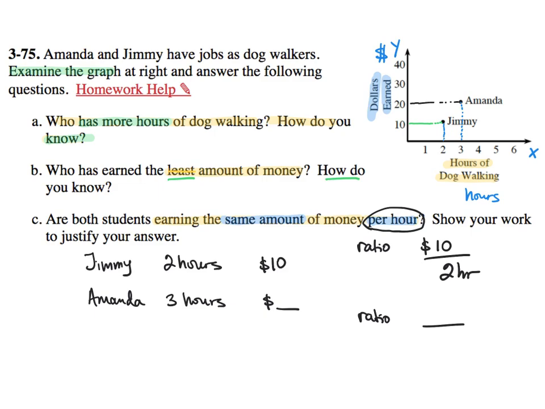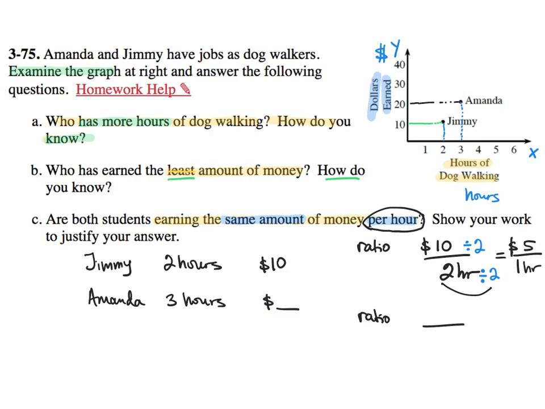One way to simplify, remember: if we have 2 hours and want to go to 1 hour, we divide by 2, top and bottom. Or your teacher might have said we are dividing the quantities. On the top we have $10 divided by 2, that's $5, and 2 hours divided by 2 is 1 hour. So for Jimmy, I got $5 per hour.